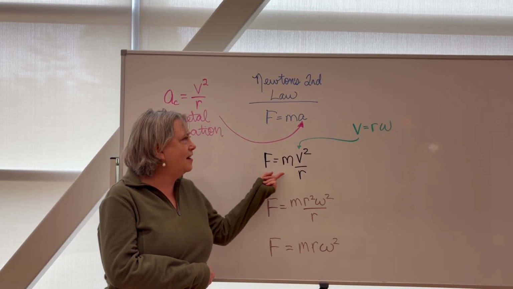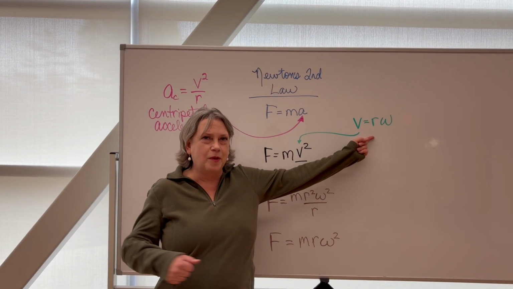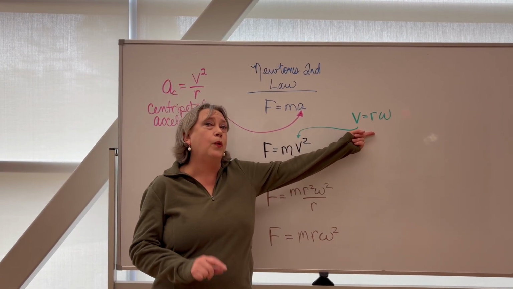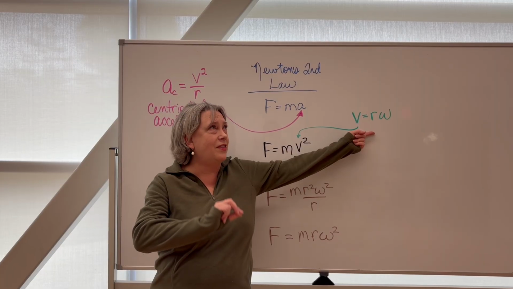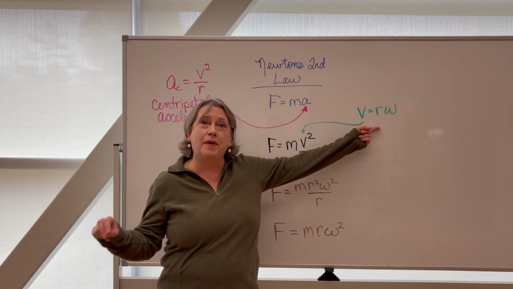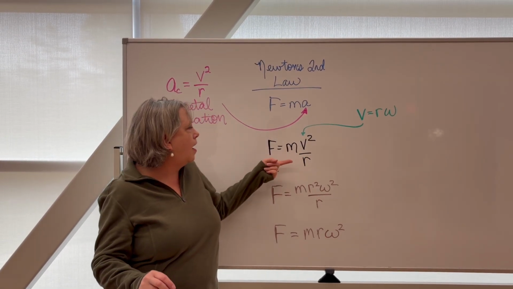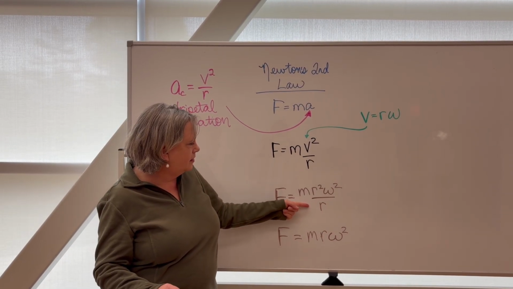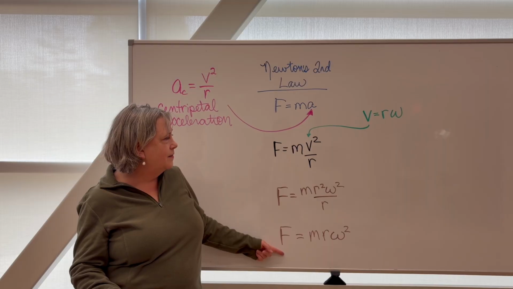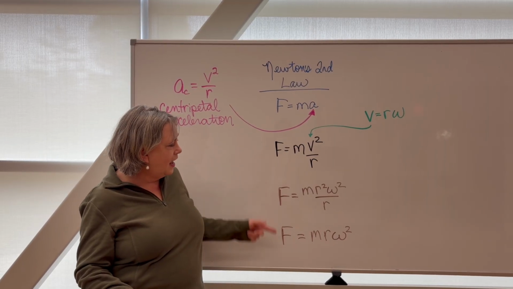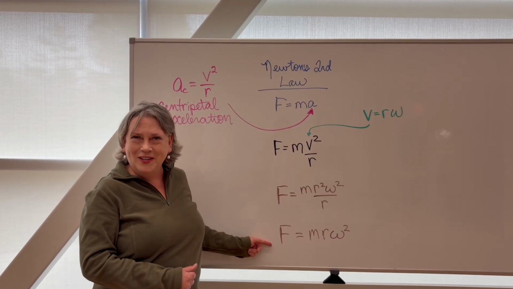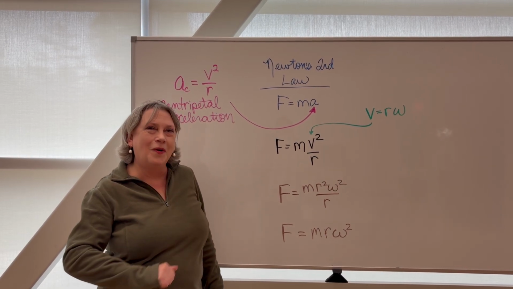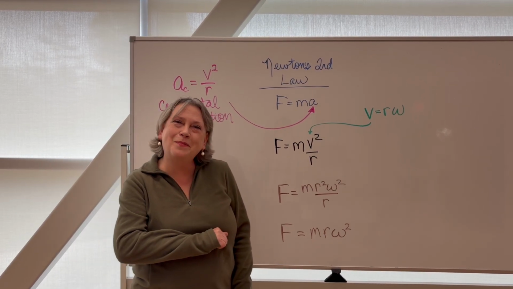If I then take my equation from the previous board, where I have the linear speed equal to the distance to the axis of rotation multiplied by the angular speed, put that in here, I get this, which reduces to this. So this and this are equations on your equation sheet, which we will start working some problems with now.